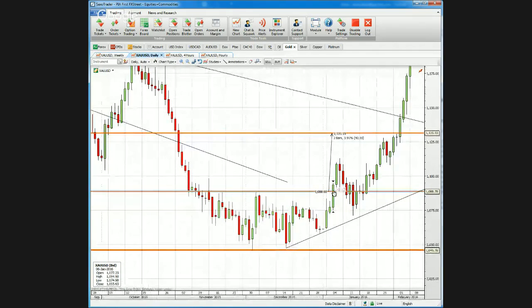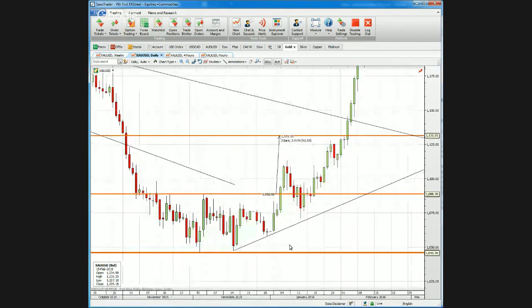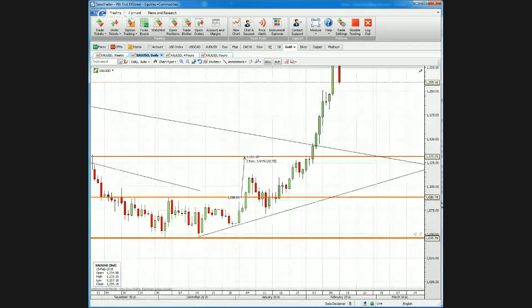Obviously, it's not a double bottom formation until it closes above that line, and it closed above this line. You would have been getting long around the closing day, about 1093, 1095, and your target would be 1130. It hit the target a few weeks later, and it was a really decent call and decent move.